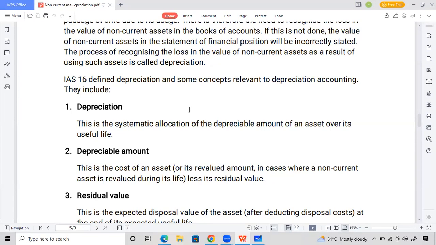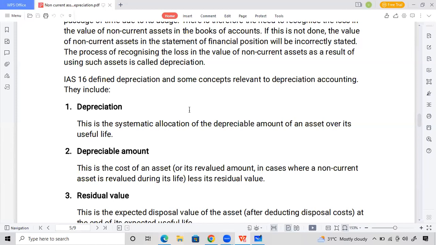I made mention earlier that the regulatory standard for this topic is IAS 16, which is property, plant, and equipment.